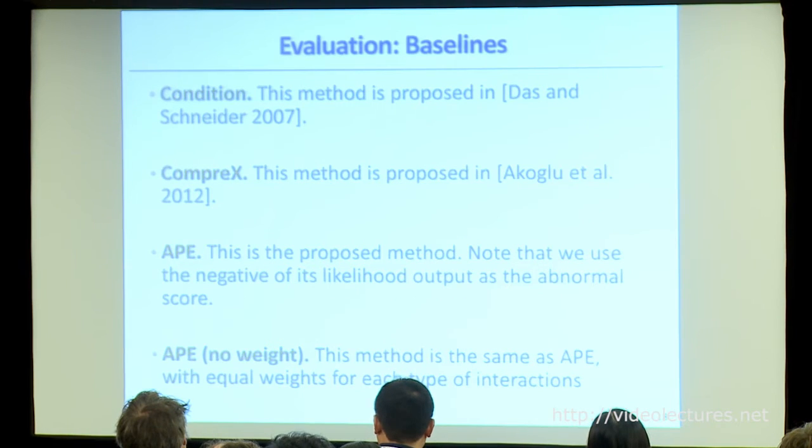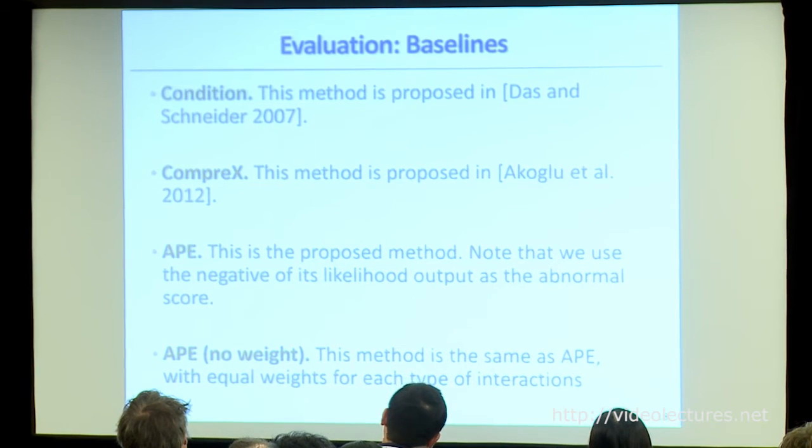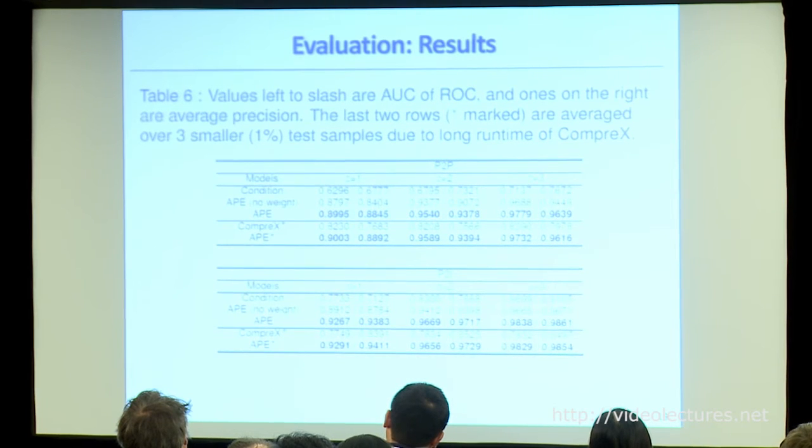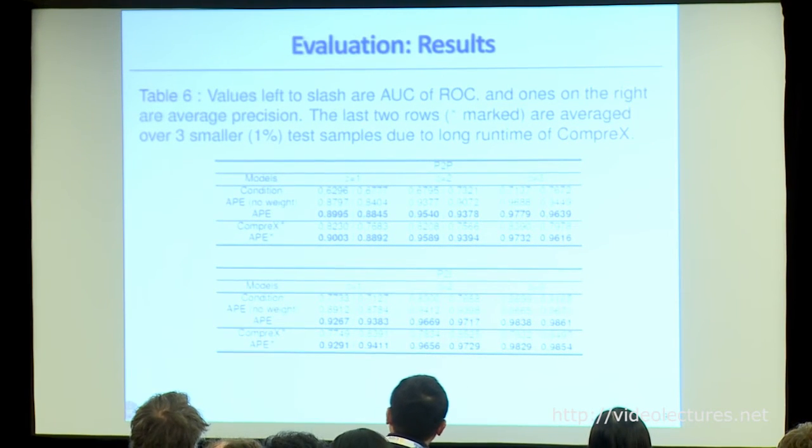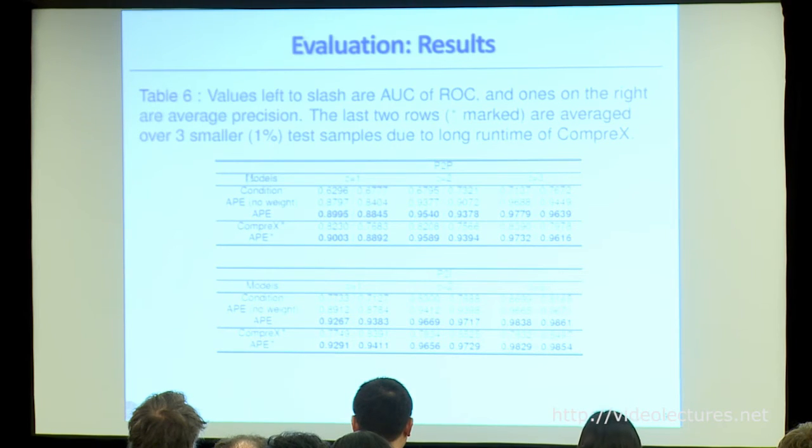And we have compared with several state-of-the-art methods. Here I want to mention that if you look at our method, APE always performs the best. I also want to mention that we also model the importance of different types of interactions in this approach, so we have a special case of our methodology called APE with no weight, which means that we treat every type of interaction as equally important, forcing the weight to be one.